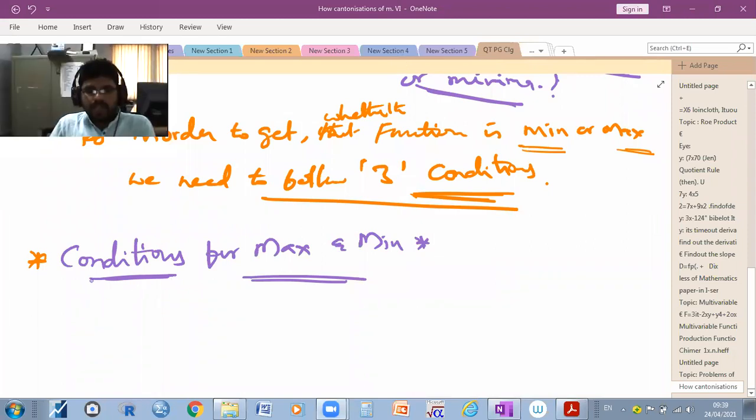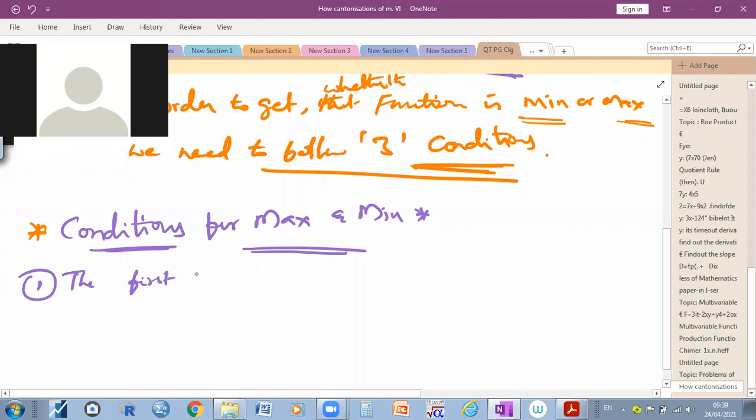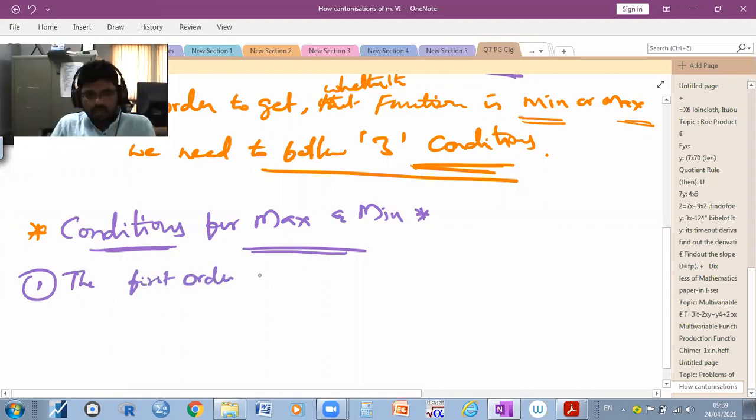So here are the conditions for maxima and minima. I'm writing the shortcut max and min, that is called maxima and minima. The first condition we need to follow: the first order partial derivative must be obtained. I am writing PD as shortcut for partial derivative. Please all should write it, otherwise you cannot understand the problem.